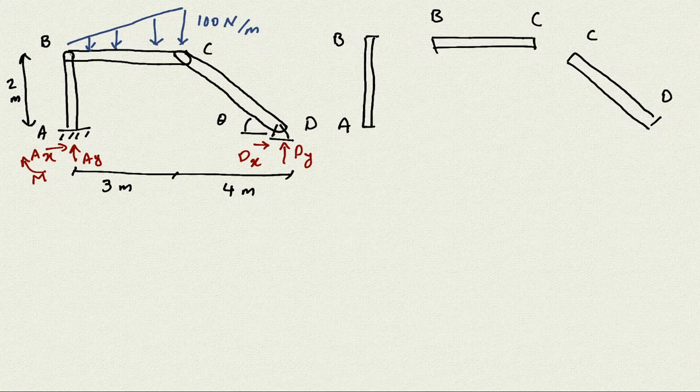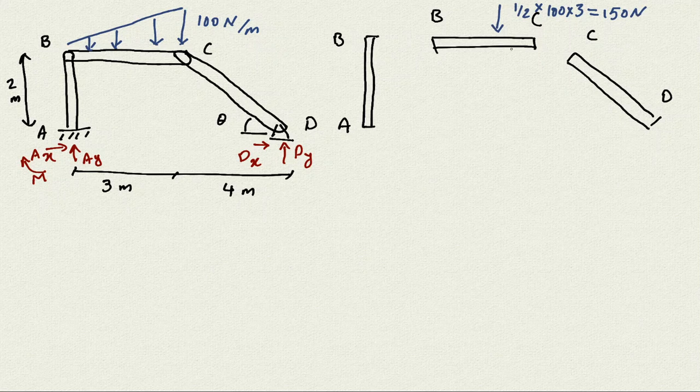It's a triangle, so this side of the triangle is 3 meters, and this side is 100. So we have 100, we have 3. So that force is going to be 1/2 times 100 times 3. So that's the force we are going to have, and it's going to be 150 newton. So that's the force there.